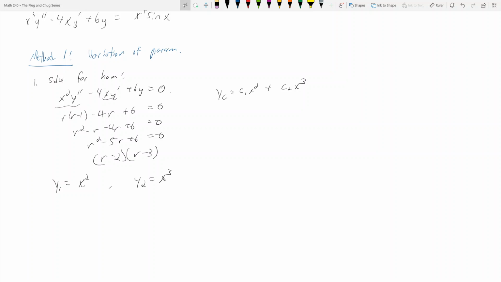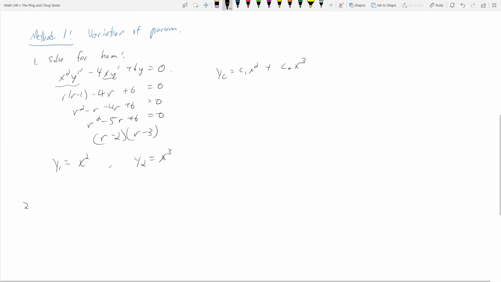However, there's a problem, right? Step 2 is to use variation of parameters for the particular solution. Actually, let's use this type of numbering.